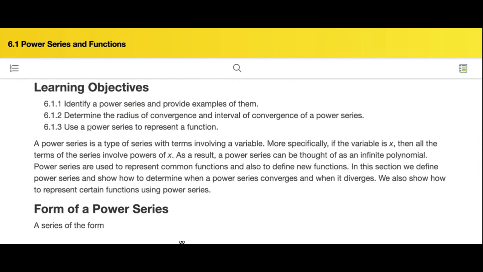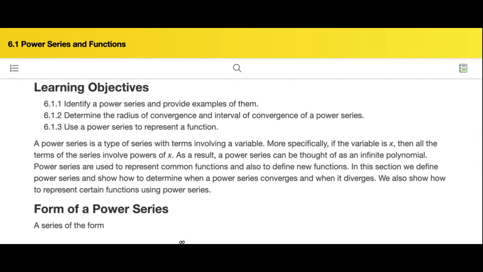Well, just use a power series, right? If a function is continuous, the power series converges at that point. So a power series is a type of series with terms involving a variable. More specifically, if the variable is x, then all the terms of the series involve powers of x. So think about a polynomial function, right?